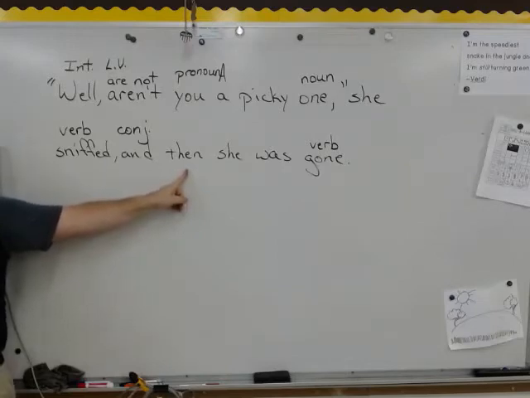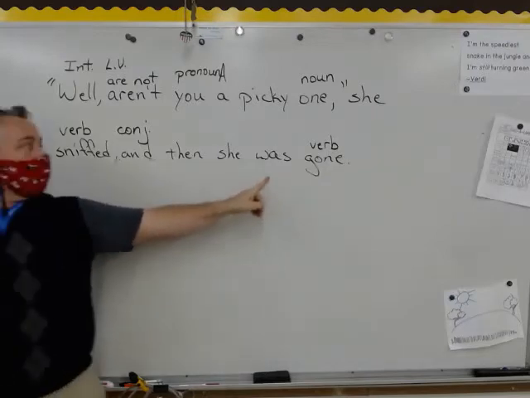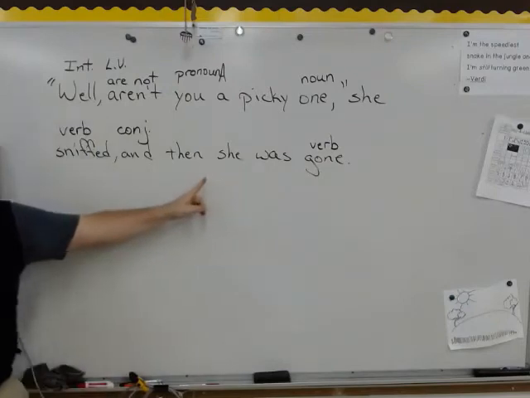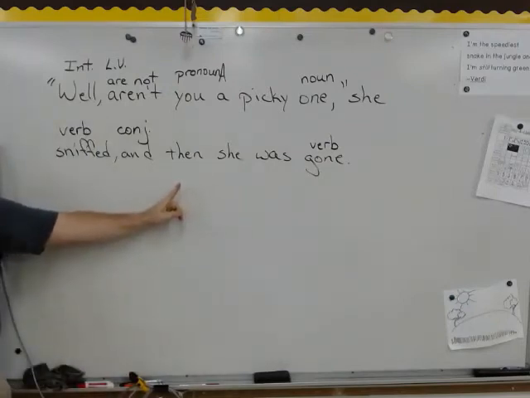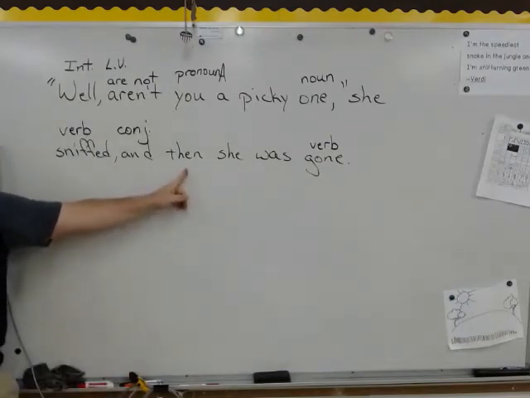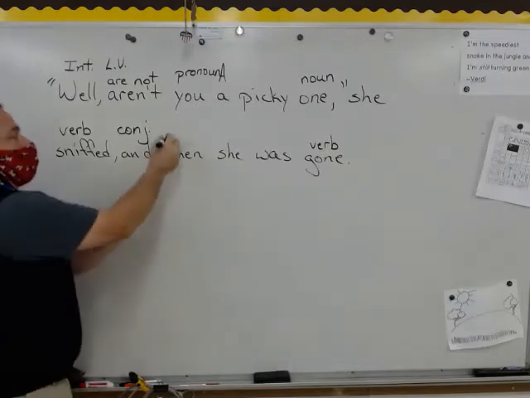Not a helping verb. But you're on the right track. It's got to have the word verb in it. It tells me more about my verb. It's adding information about my verb. I was gonna say adverb.